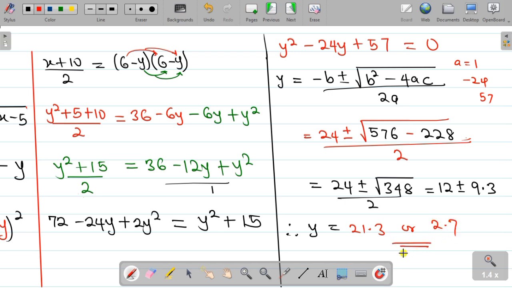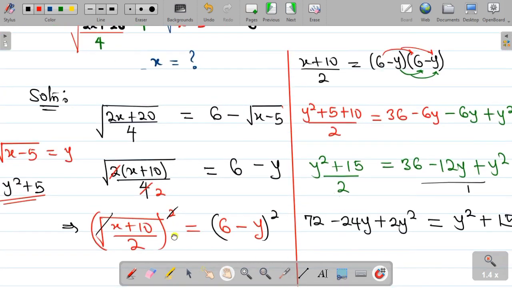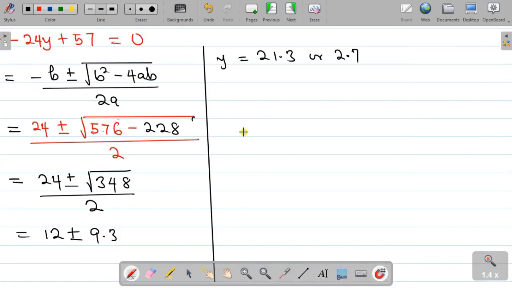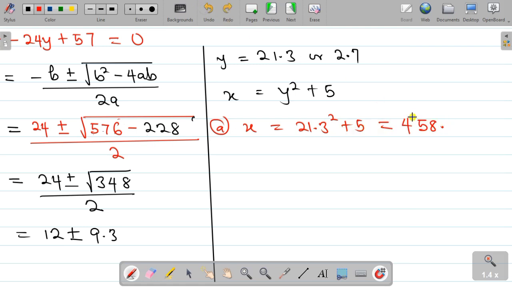So this is the value for our y, and then we'll try to get our x by substituting into the formula that we have here. That's x equals y squared plus 5. For the first case, our x alone, not x squared, will be 21.3 squared plus 5, which is equal to, maybe we can write that as, let's use 69, that's okay.